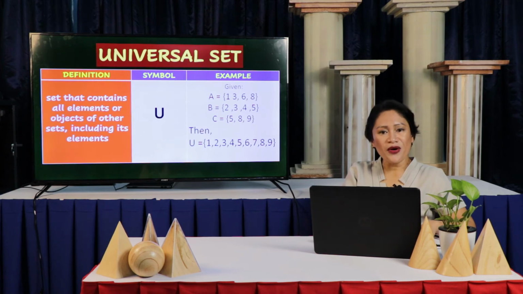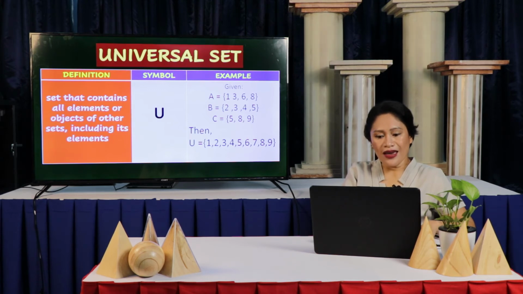Now let's know what universal set is all about. By definition, a universal set is a set that contains all elements or objects of other sets, including its elements. By symbol, it is denoted with capital letter U. For example, you are given three sets and you are to find its universal set.